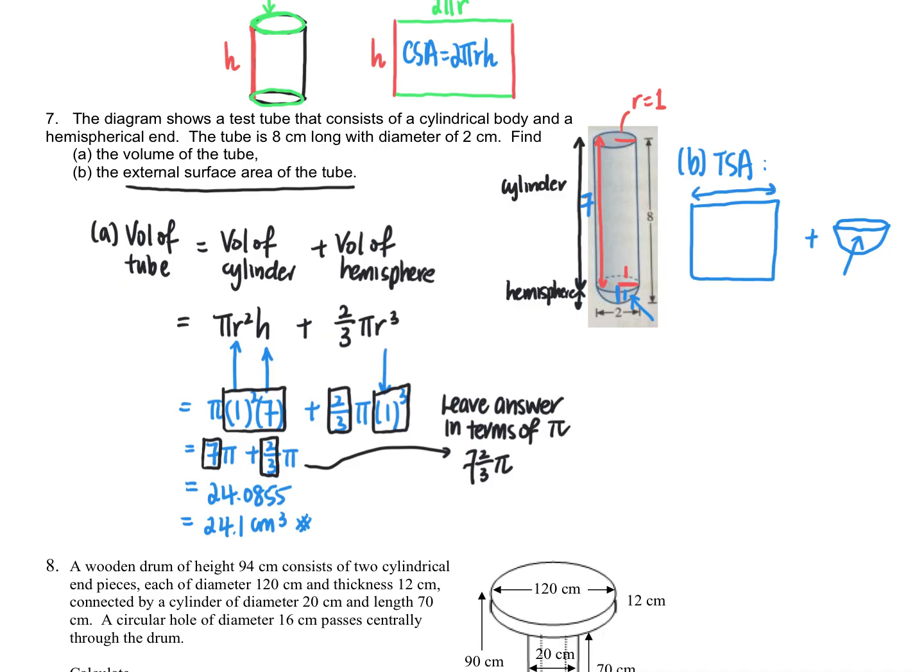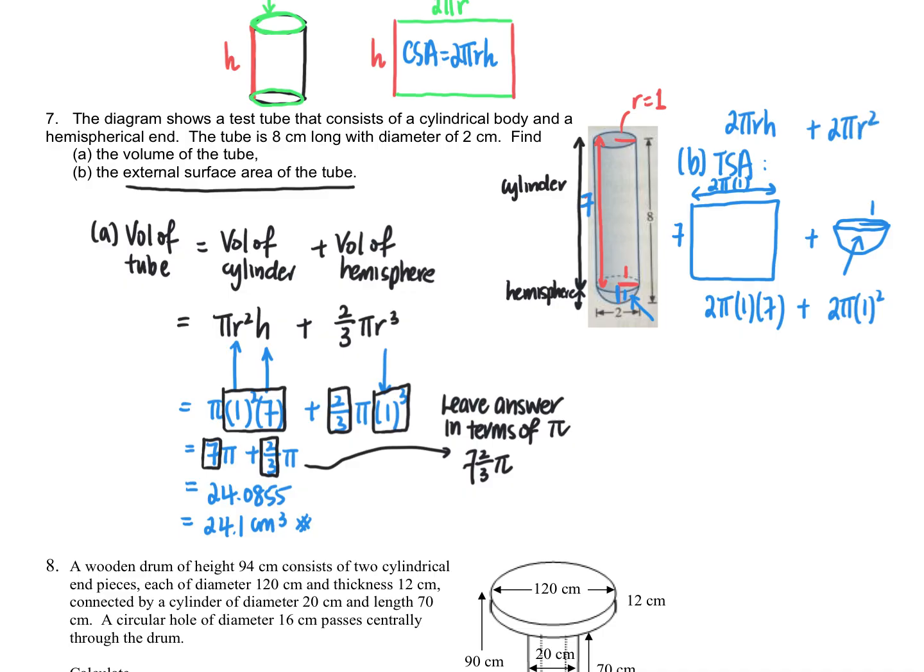This is 2 pi r. The height just now I know is 7. This part here is also 1. So for the hemisphere, the surface area is 2 pi r square. This is 2 pi r h. I write down 2 pi r h. This one is 2 pi r square.